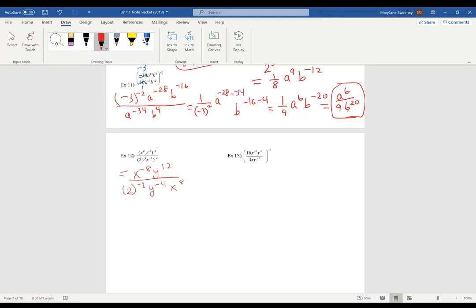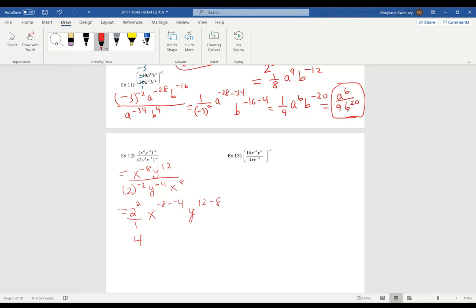Exponents, you're multiplying. I'll take care of the number 2 to the negative 2. That would flip and become 2 to the positive 2 on the top. Then these I can just subtract. Negative 8 minus negative 4, and the y, 12 minus 8.